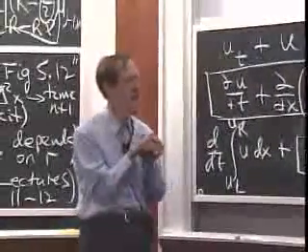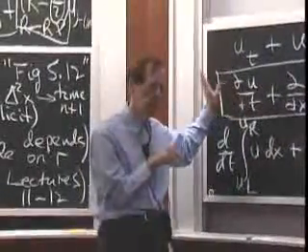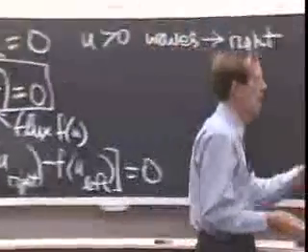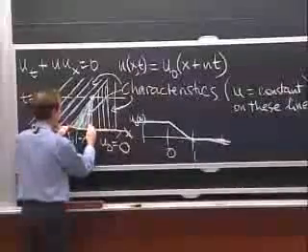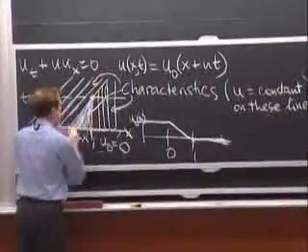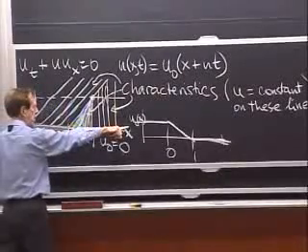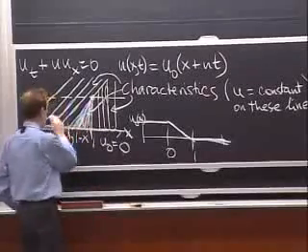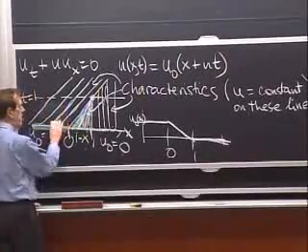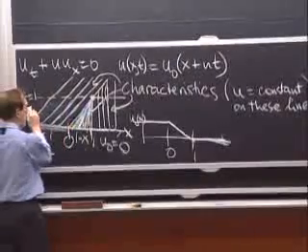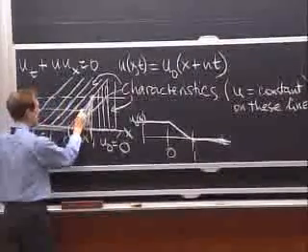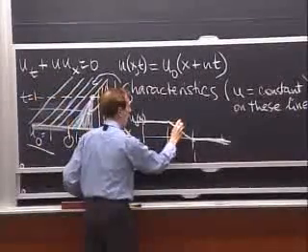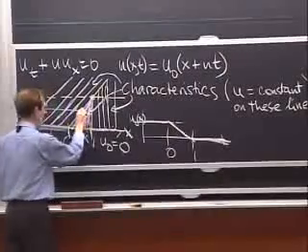But after that time, the differential equation is in difficulty. So what's happening as t increases from 0 to 1? This is the picture at t equals 0. What would be the picture at t equal to half? Well, at t equal to half, this state 1 has penetrated halfway.